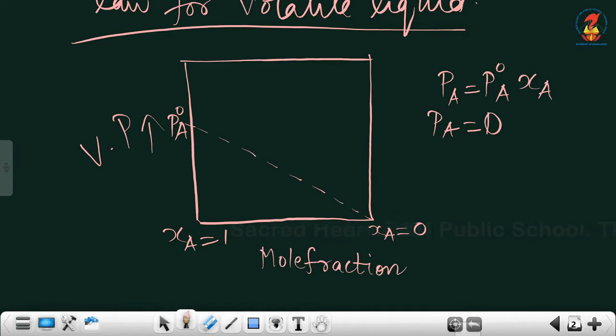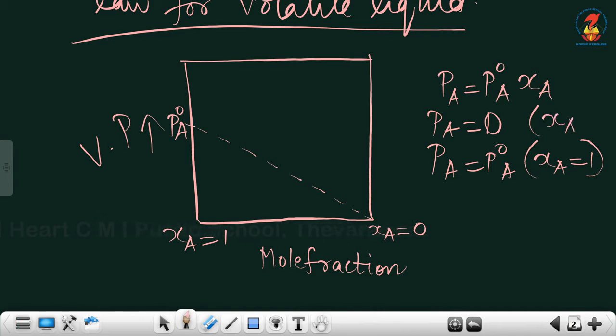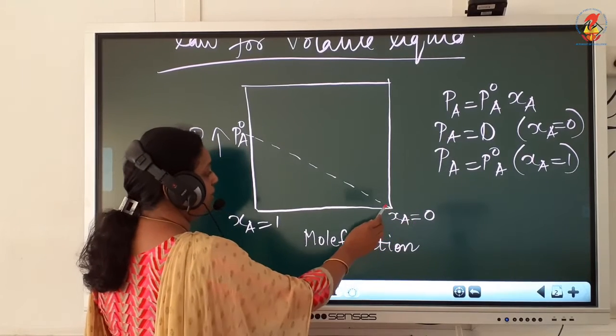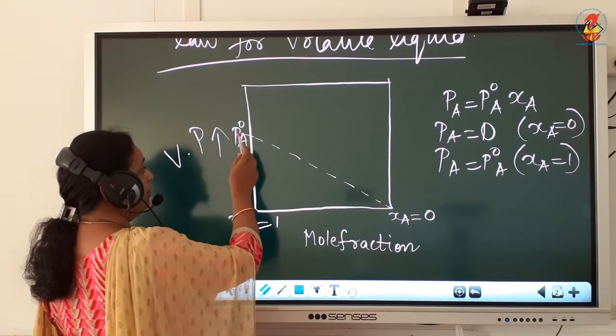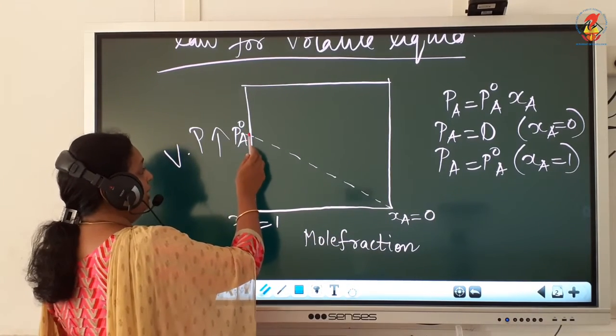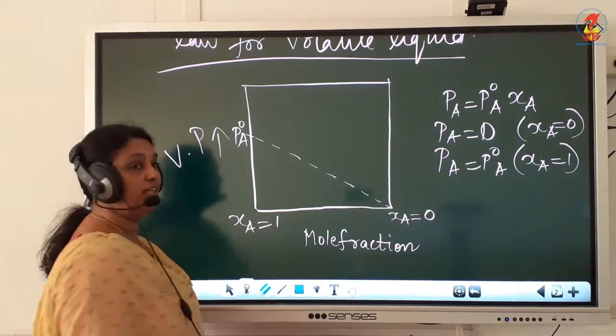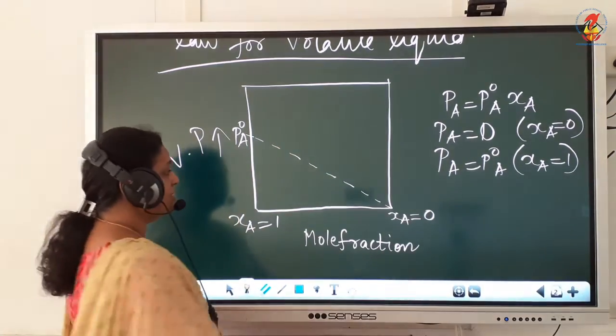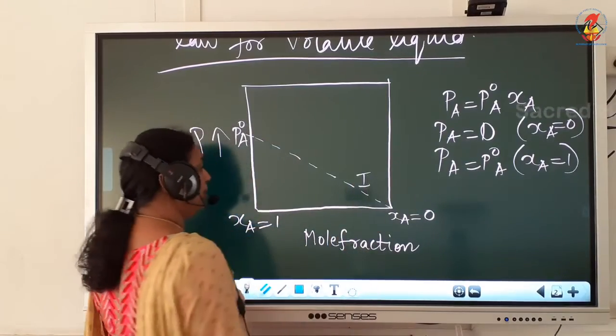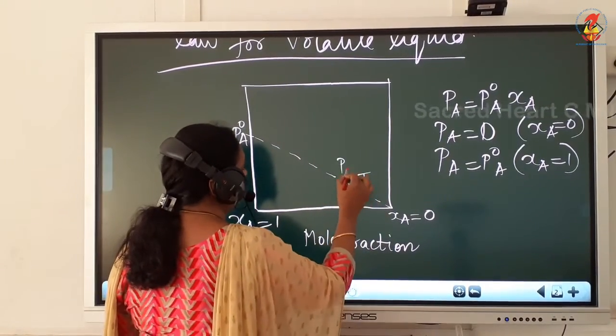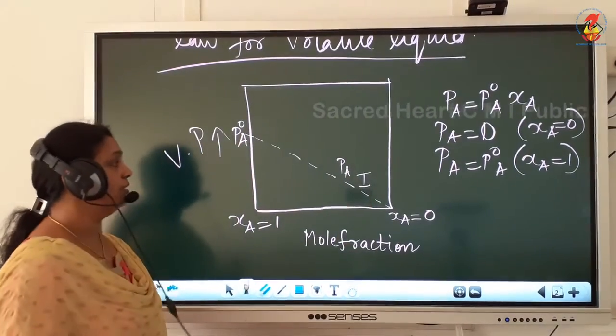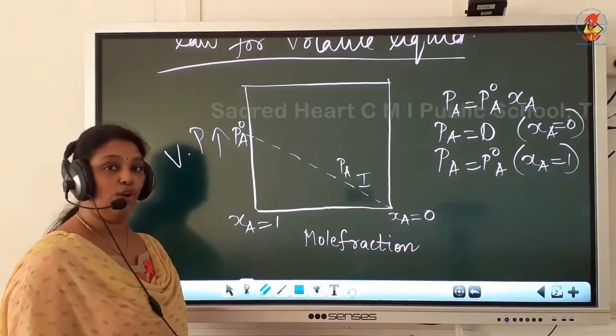And when XA is equal to 1, we have PA is equal to P naught A. So you can see if there is only solvent present, then mole fraction XA is equal to 0. It increases and the vapor pressure reaches a maximum where the value is P naught A when the mole fraction is equal to 1. Now let's represent this as line number 1.